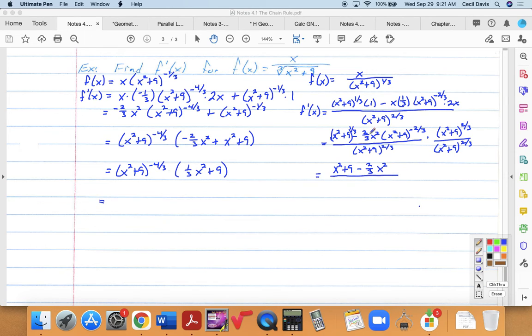So it'd be 2/3 x squared over x squared plus 9 to the 4/3 power. Then grouping the like terms in the numerator, we've got 1/3 x squared plus 9 over x squared plus 9 to the 4/3 power, which is precisely what we had over here.